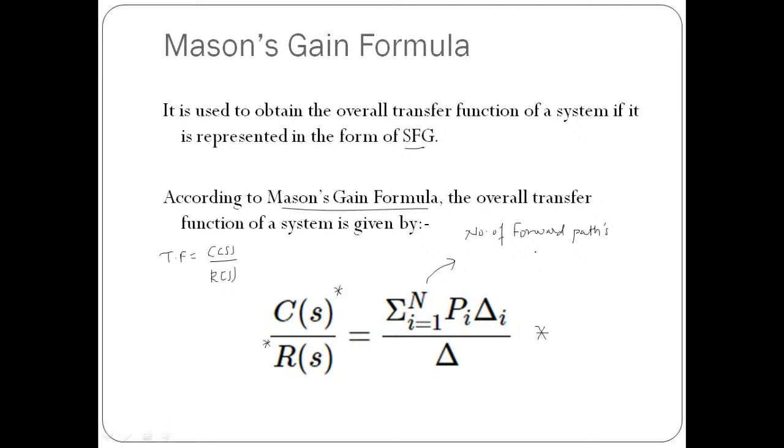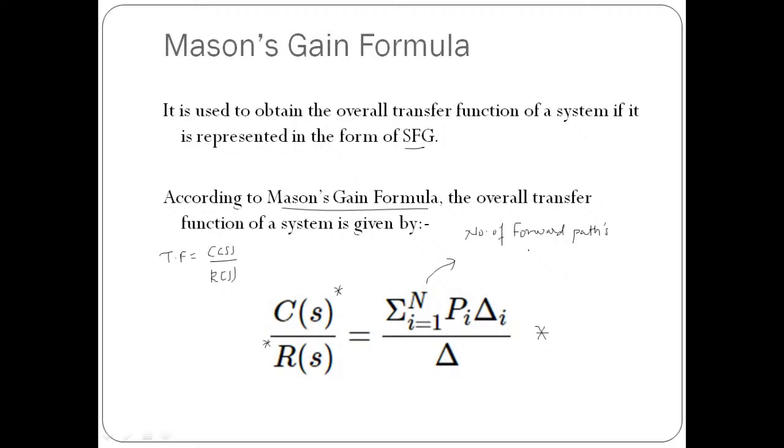Forward path means a path where we are trying to move from the input node to the output node, and while traveling, we do not need to disturb the flow of signal. That means we need to take care of only those branches which have the flow of signal from input side to output side. That is important.